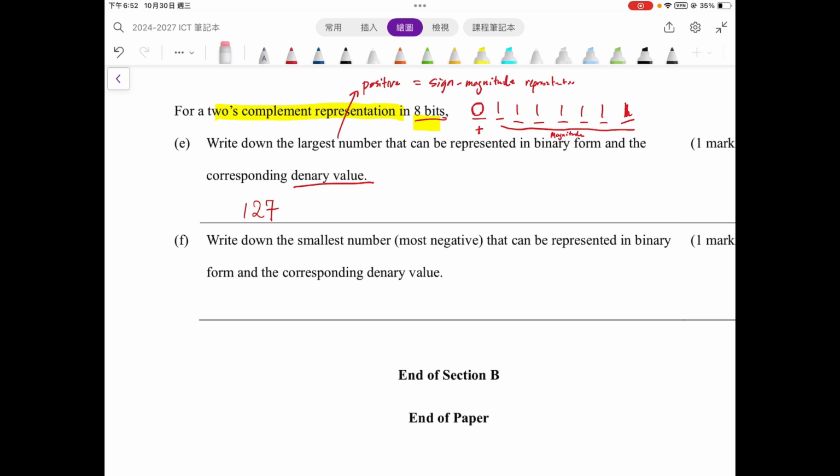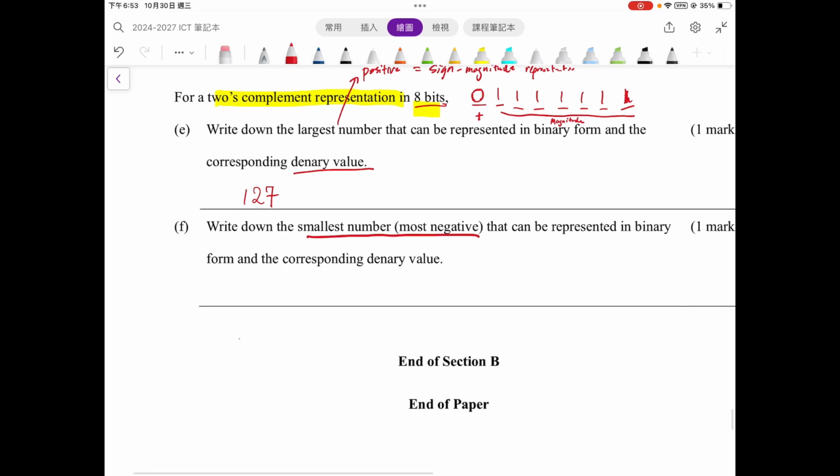For the last question you have to think in a different way, because it is quite difficult. The F question is asking you for the smallest number, which means the most negative number that you can make using the 2's complement representation in 8 bits.